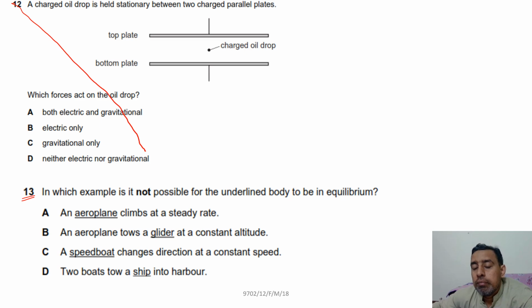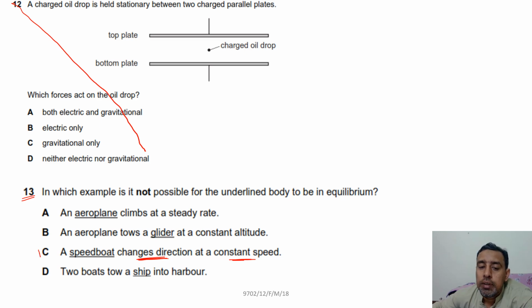Constant altitude, maybe the forces are balanced. A speedboat changes direction at a constant speed. If the speedboat changes direction, even though the speed is constant, it means the direction is changing, so the acceleration is not zero. If the acceleration is not zero, then it is not in equilibrium.